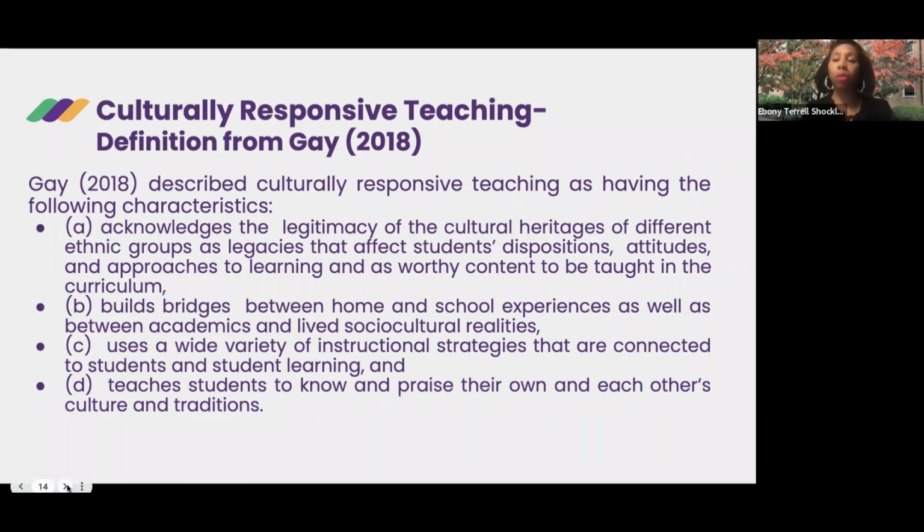So both in formal and informal spaces, we are being charged with connecting home and school experiences. We're building safe spaces and we're building culturally responsive spaces for our learners. And we use a wide variety of strategies connecting students to learning. So how are we going to build a bridge?